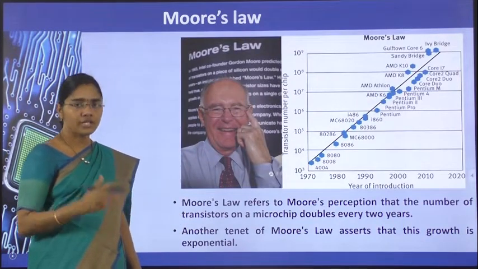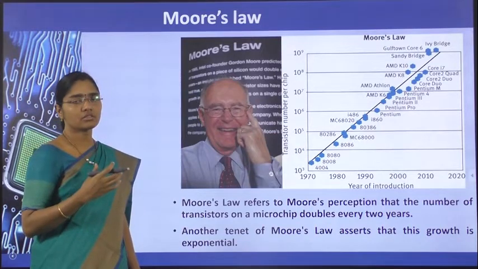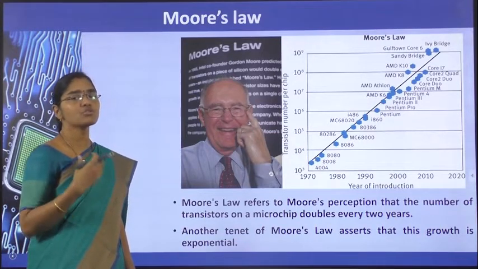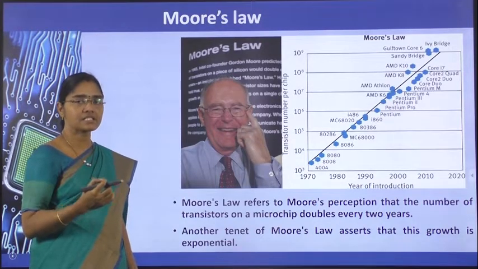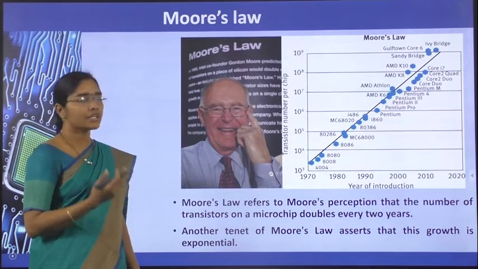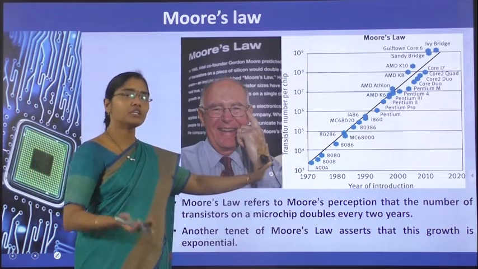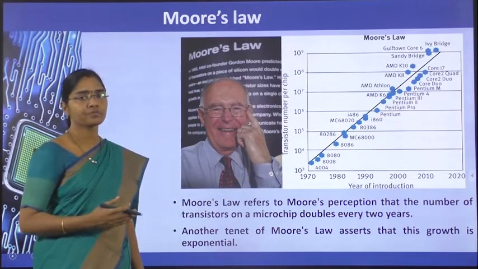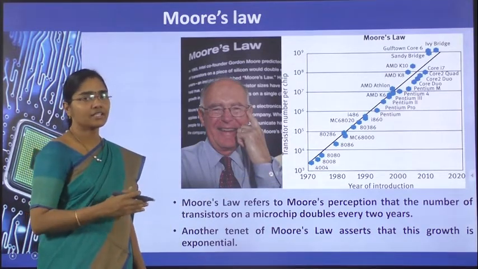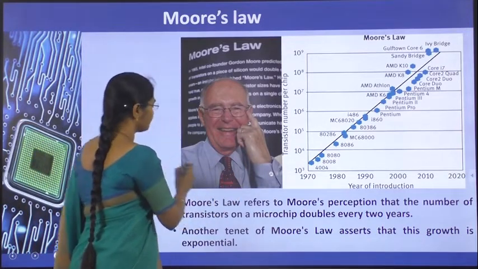That size was reduced, that means that 250 billion transistors are possible within our fingernail size because of the reduction of the transistor size and the increase in the number of transistors on the same floor. That was actually predicted by one person, Gordon Moore.